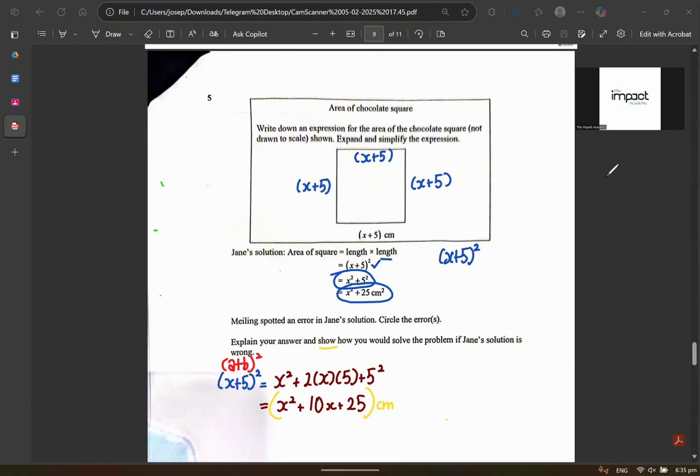Bracket x plus 5 bracket squared equals x squared plus 10x plus 25. You can also say Jane has to use something called a special identity. You get what I'm trying to say?